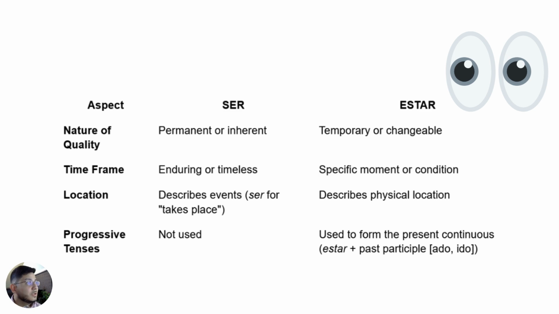Temporal physical location. Está en la oficina. He is at the office. And then, most importantly, as I said at the beginning of the video, you do not use the progressive tenses with ser. You use estar for the progressive tenses, which we'll learn eventually.